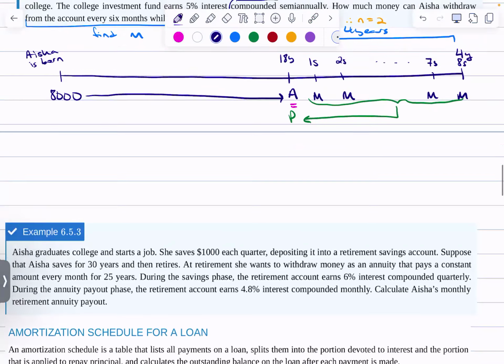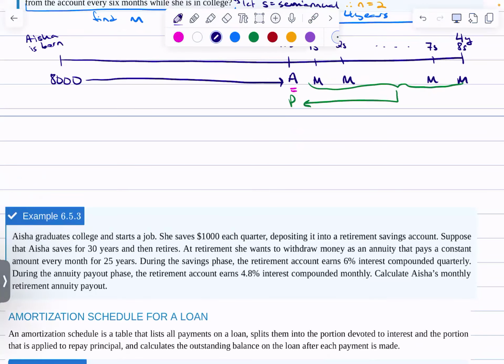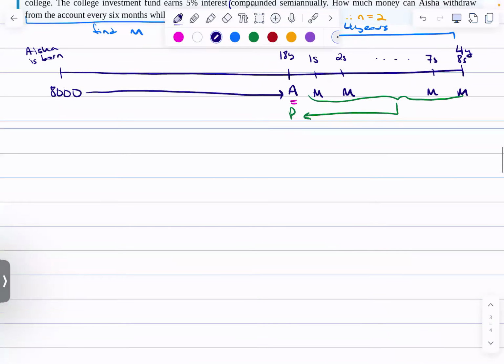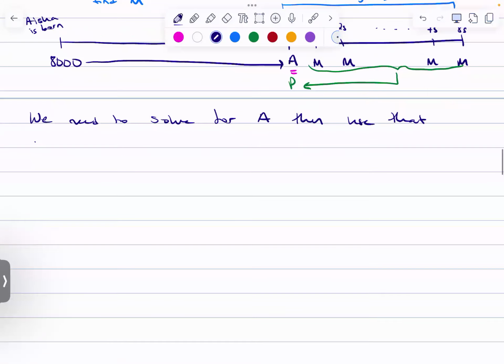And so here, I'll just add a page. We need to solve for A, then use that amount as the principal amount for the unknown payments.